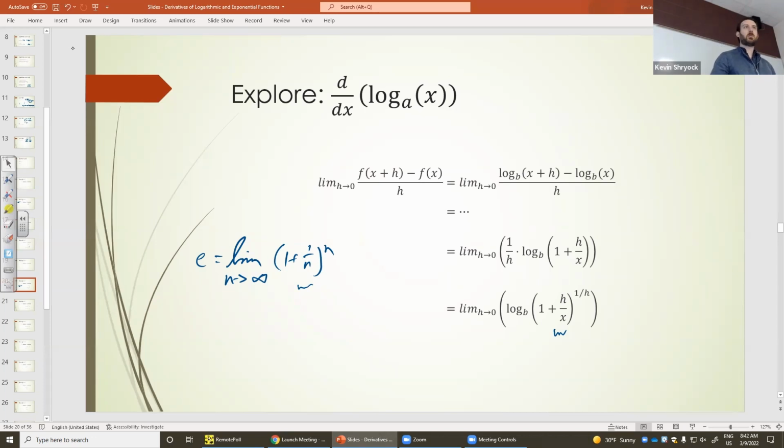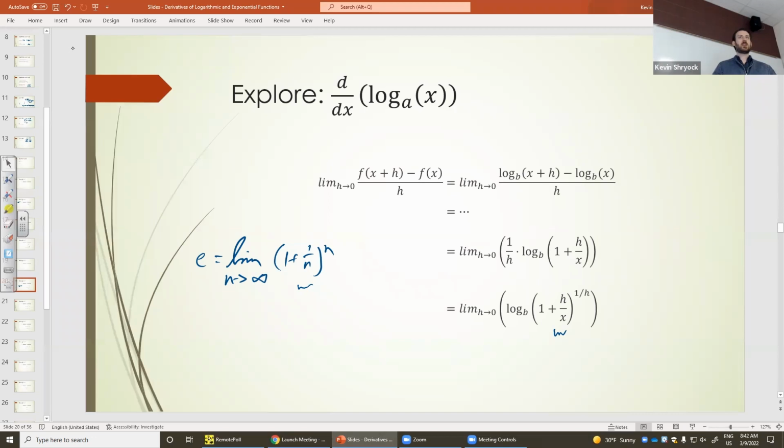So the fractions are both becoming small. That's some good agreement. What about the exponents? As n gets big, the exponent gets big. As h gets small, the exponent gets big, right? 1 over small becomes big. So we've got this structure that is good behind the scenes, just not explicit with the notation. The fraction's getting small, the exponent's getting big in both cases.